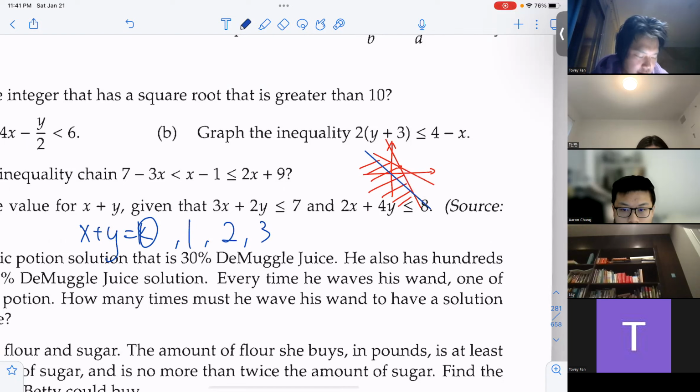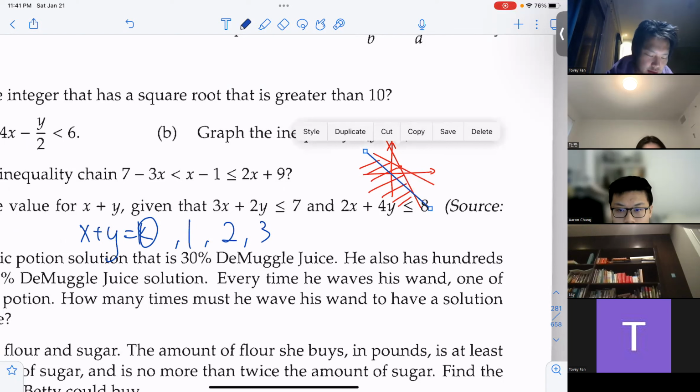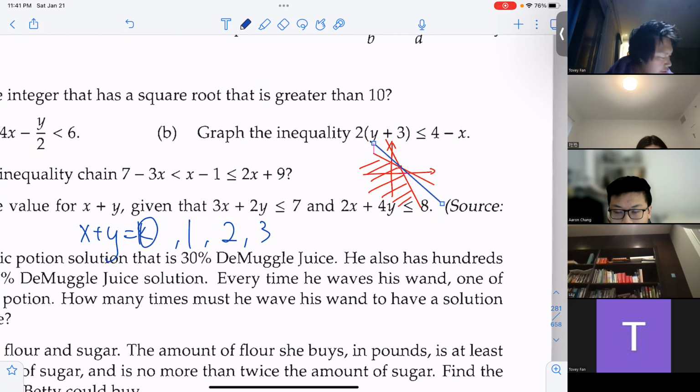This is x plus y equals 0. If it equals 1, you move up a little bit. If it equals 2, it moves up. If it equals 3, it moves up. Something like this, okay? And then you will know that the maximum value occurs at the intersection.